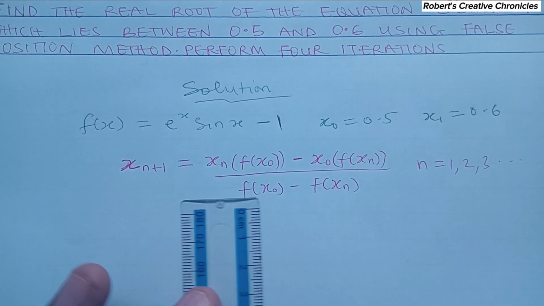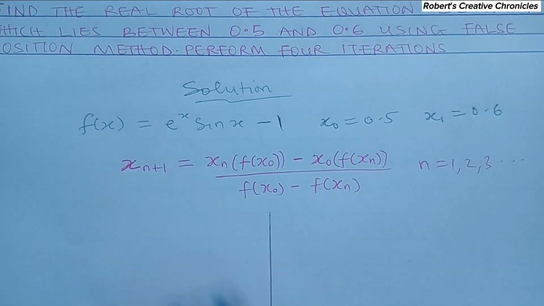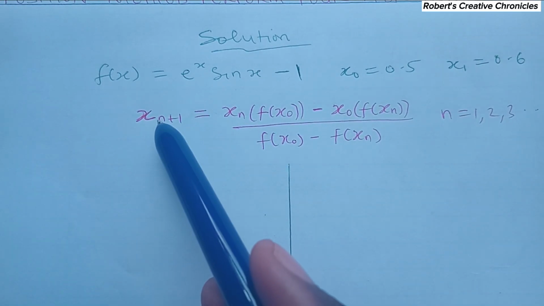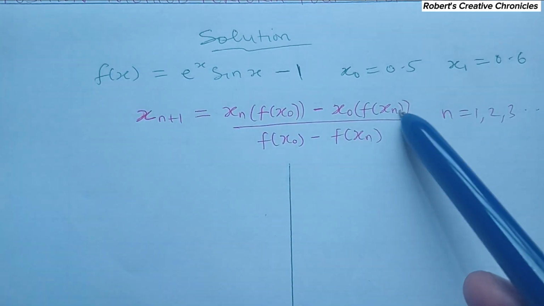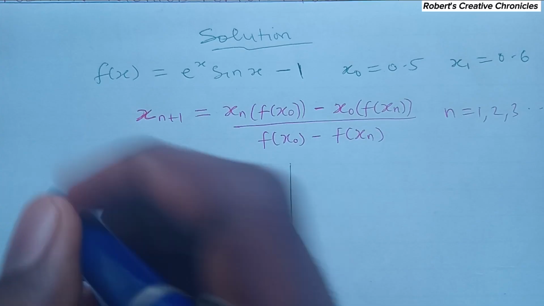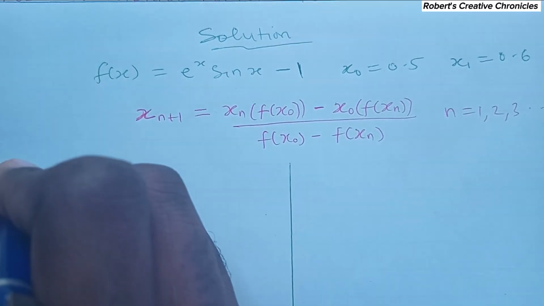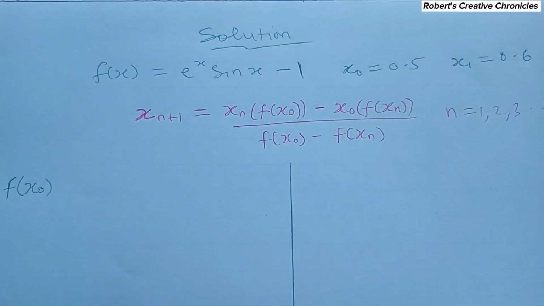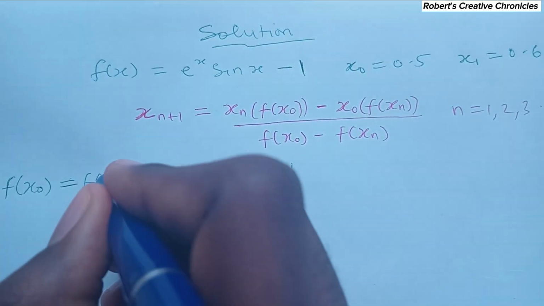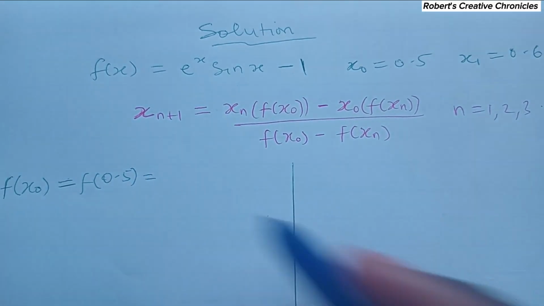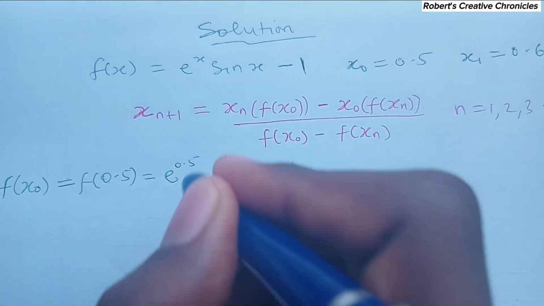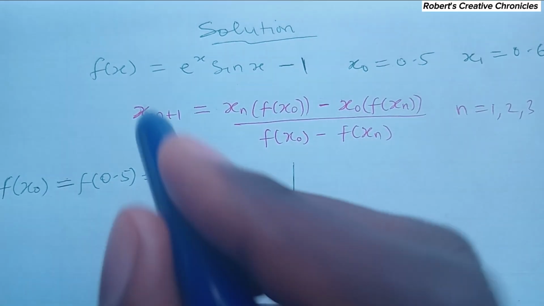So now we can start. First, we have to find f(x0). When we substitute n = 1 here, this will be x2, and here will be x1. So we have to find f(x1) also. So we'll find f(x0) and f(x1). f(x0) is equal to f(0.5), which is e^0.5 sin 0.5 minus 1.